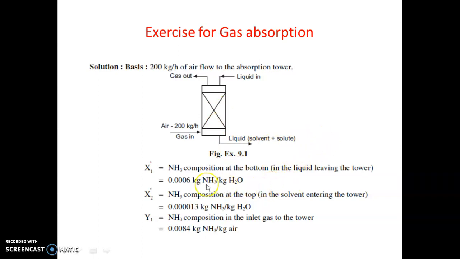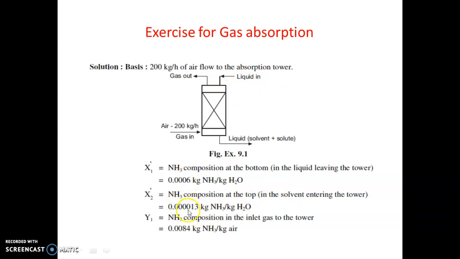So X stands for liquid and Y stands for gaseous composition. Here X1' is the ammonia composition at the bottom, that means this composition. And X2 is the ammonia composition at the top, that means this composition.